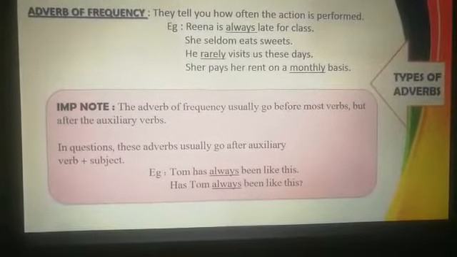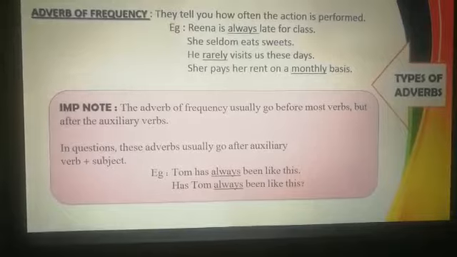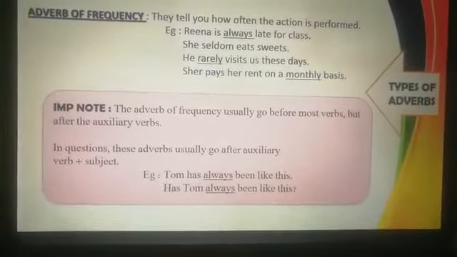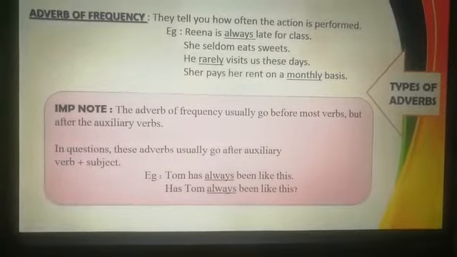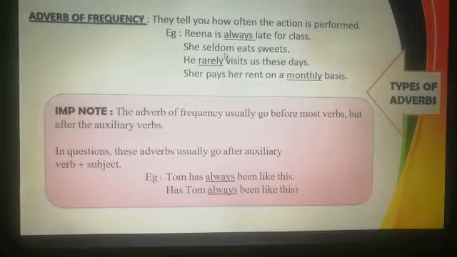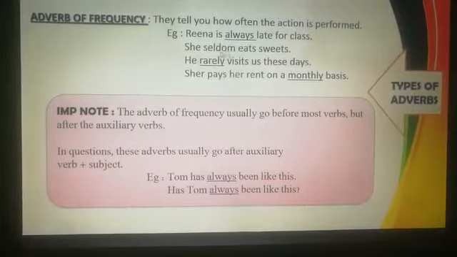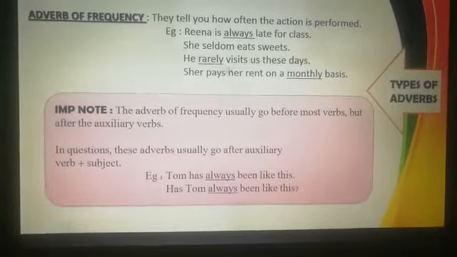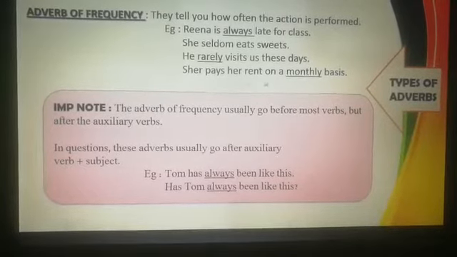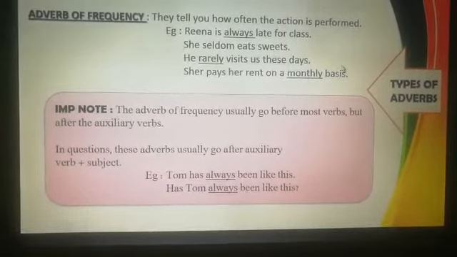As you can see in the examples, Reena is always late for class. She seldom eats sweets. Here seldom is the adverb of frequency. He rarely visits us these days. She pays her rent on a monthly basis.